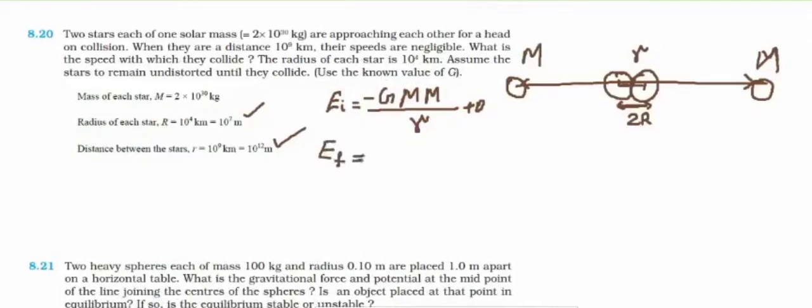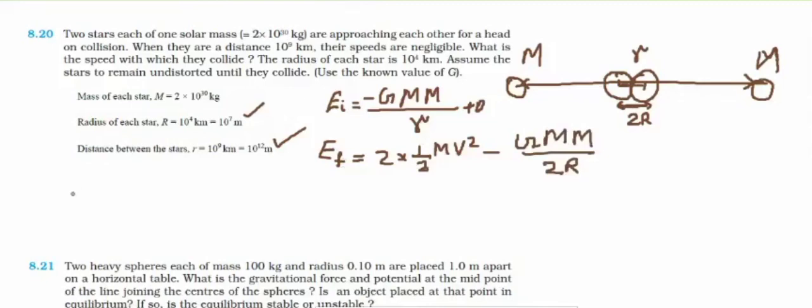As the stars are in motion, they have kinetic energy. So we can take 2 into half m v square, because both are having kinetic energy. Half m v square is the kinetic energy of one of the stars. For two stars, we have 2 into half m v square, minus, they have potential energy also because their centers are at a distance 2r, so we have minus G m square divided by 2r.